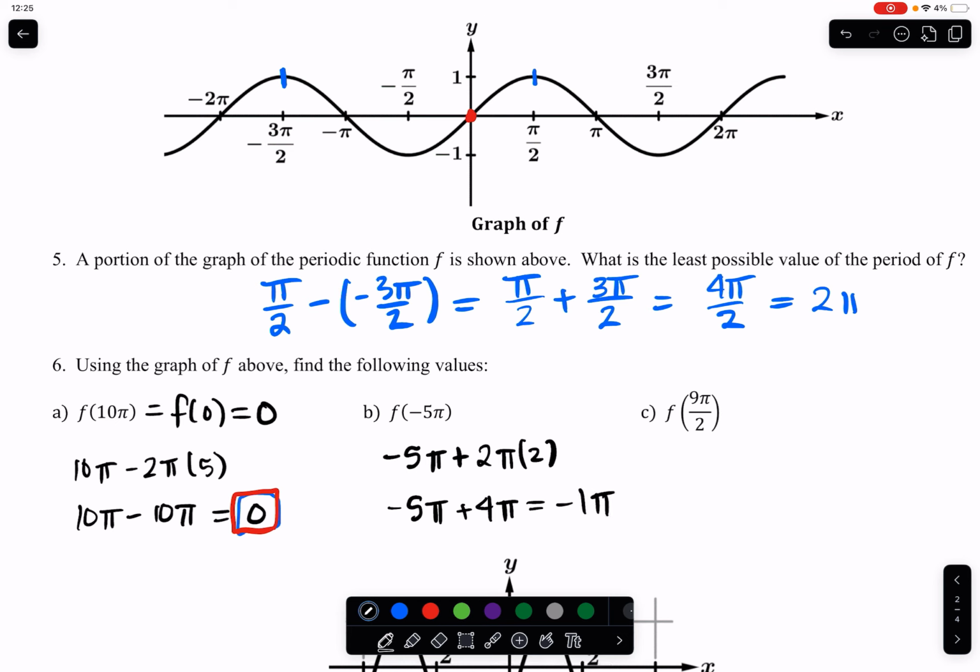So -1 pi, which is just the same thing as -pi. Well, I see again here, f of -pi. So I see that when the x value is -pi, the y value is also equal to 0. So this right here is our answer.